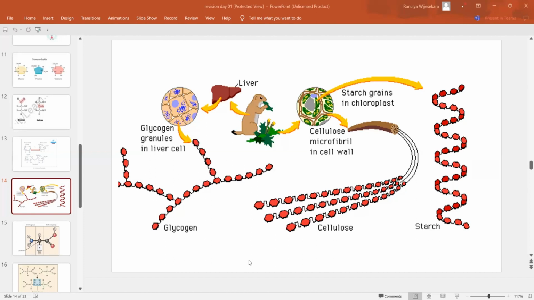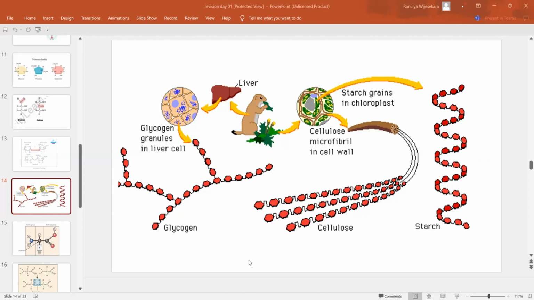Next point, sucrose is the transport medium in phloem. Next point, lactose is a storage sugar in milk.